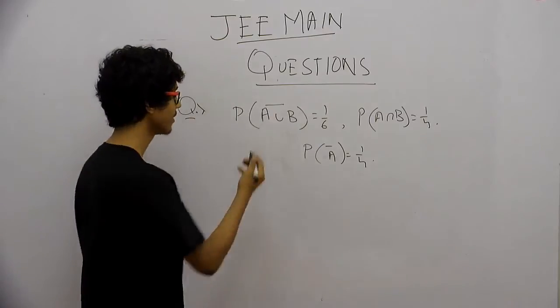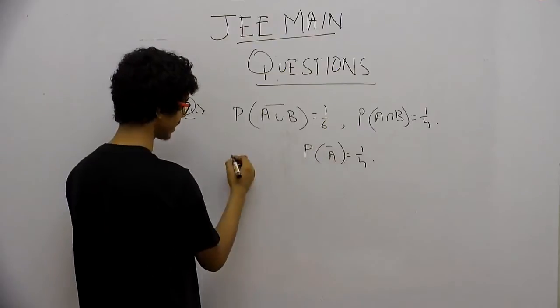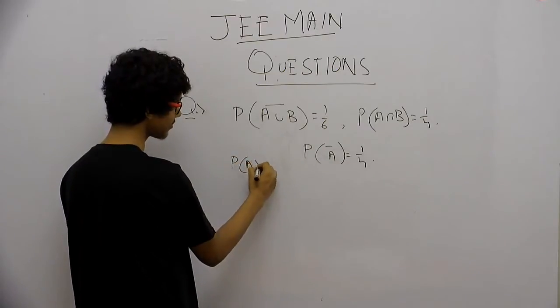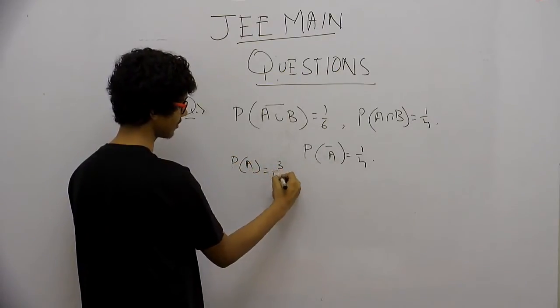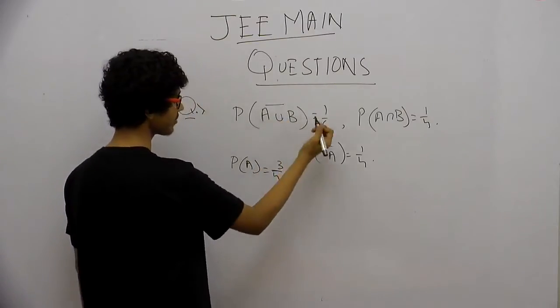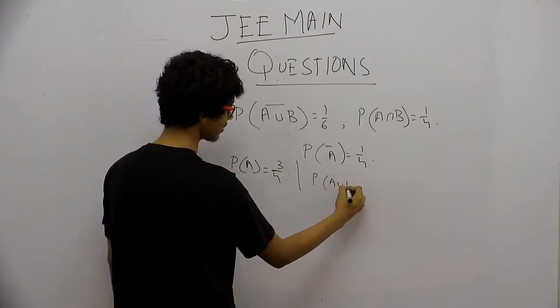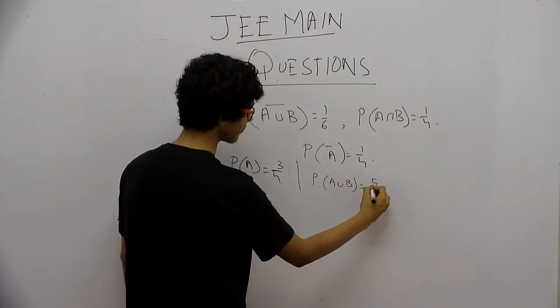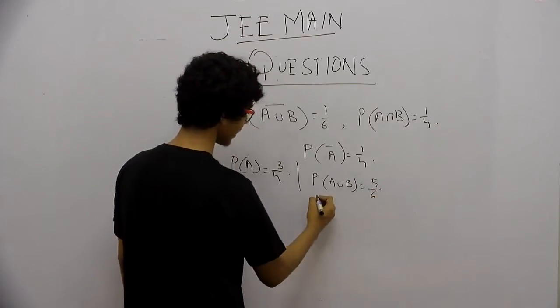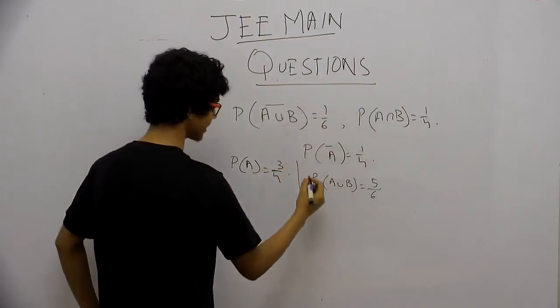तो लेट्स प्रोसीड. फर्स्ट ऑफ ऑल P(A complement) हमारे पास 1/4 है, so we obviously get P(A) equals to 3/4. Now हमारे पास P(A union B) whole complement है, so we get P(A union B) will be 5/6, implies P(A) plus P(B) minus P(A intersection B).